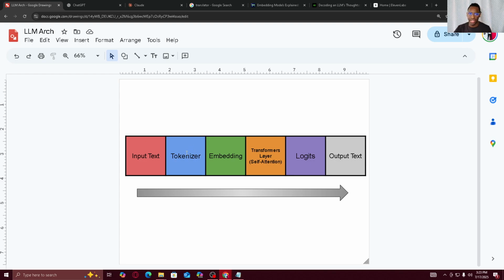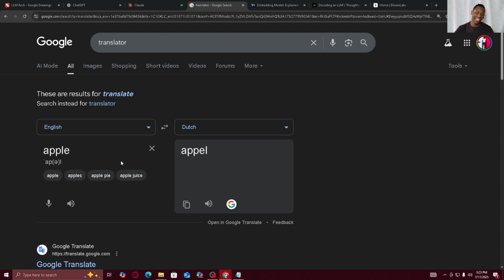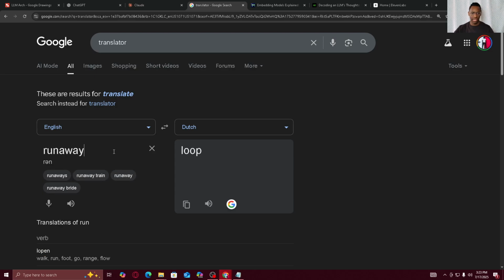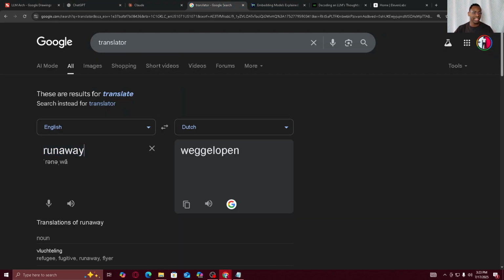Next, we have the tokenizer. The tokenizer is pretty much a translator, okay? So if I want to say apple, or run away. That's pretty much what that part is. This part is a translator. And I want you to imagine that this is English or whatever text you're sending, and this is computer language.